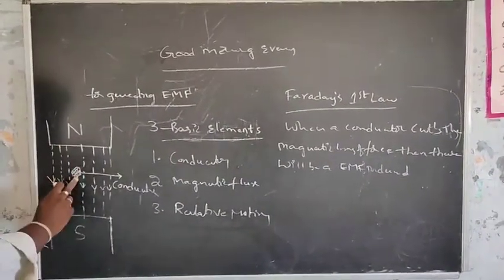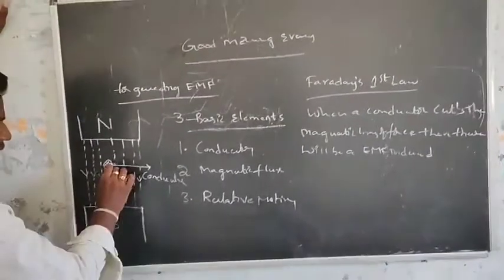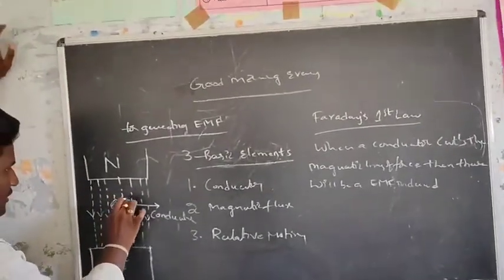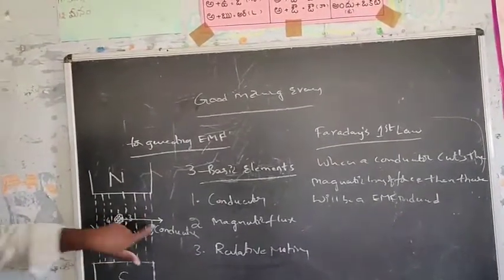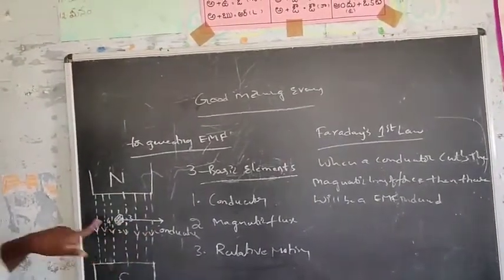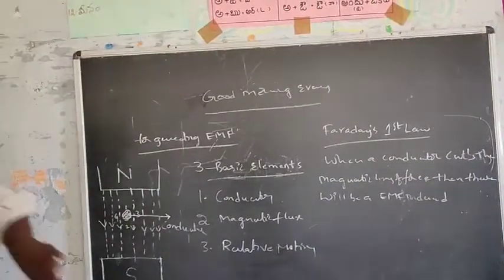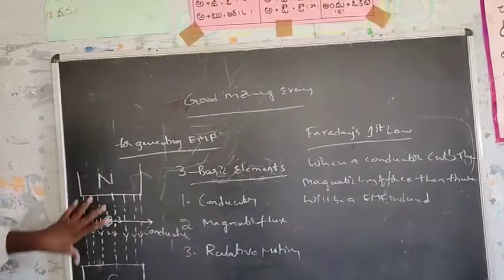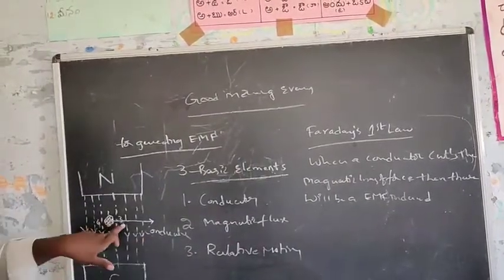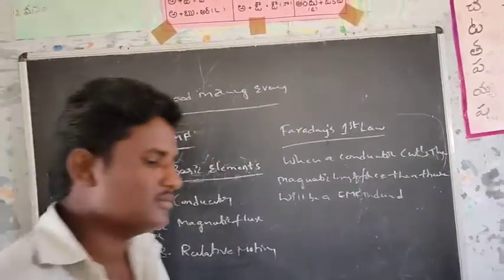If the conductor is rotated, for example through positions 1, 2, 3, 4, it cuts the magnetic lines. Then, according to Faraday's law, EMF is induced. So the relative motion between the conductor and flux induces EMF.